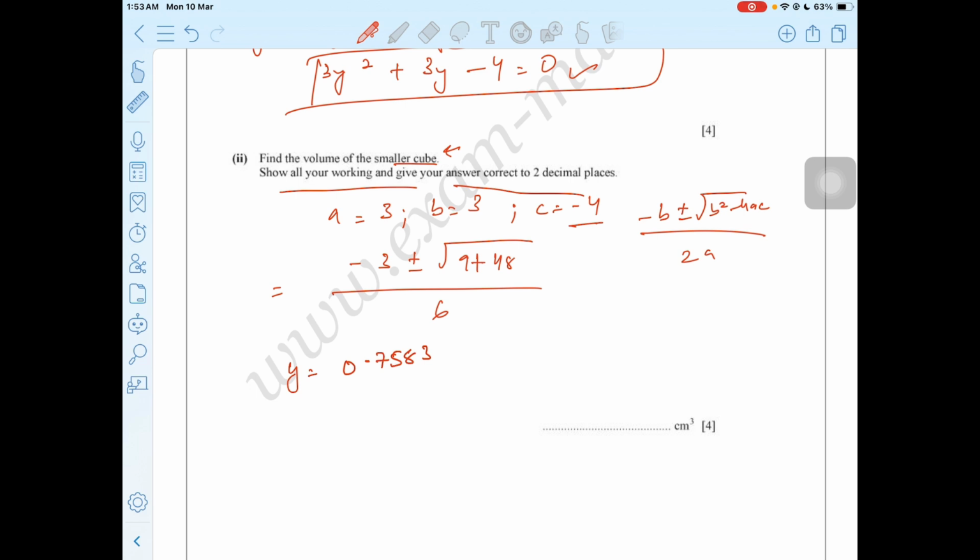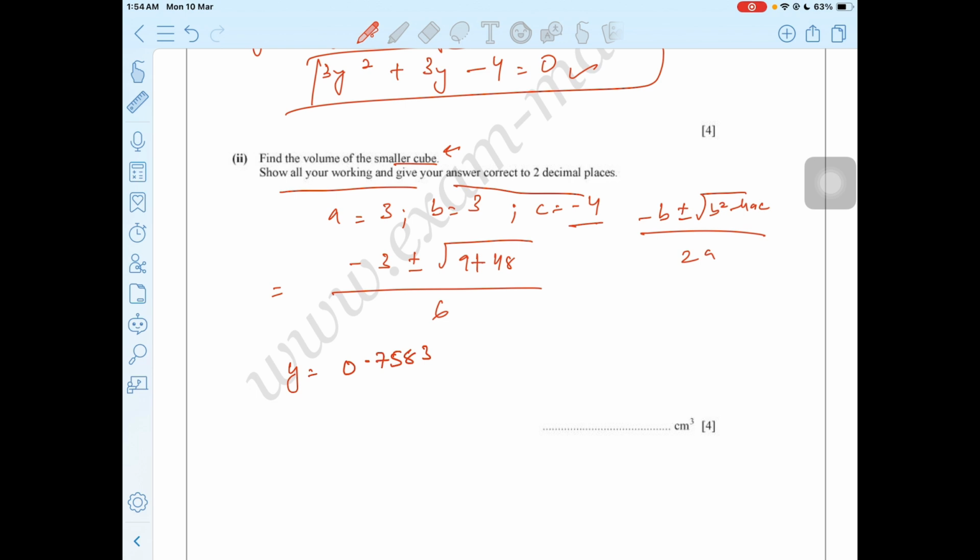Let's quickly check this. So this would be 2, this would be 3, this would be negative 4. We get our answer as 0.7583. 0.7583 whole squared would be 0.575. Right?